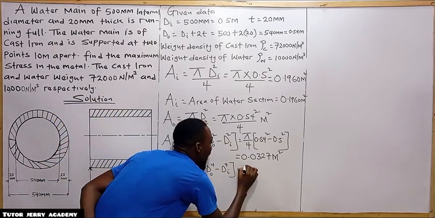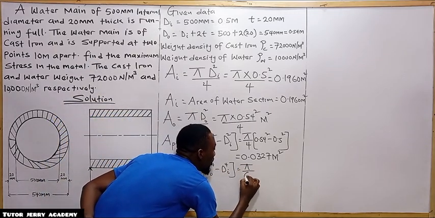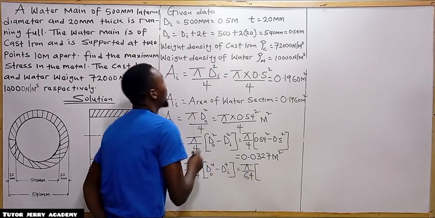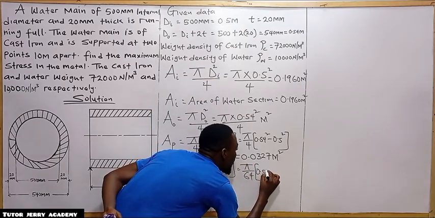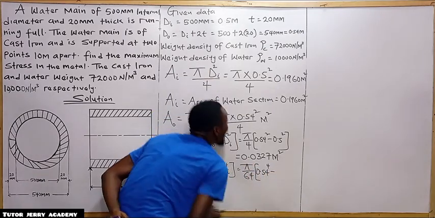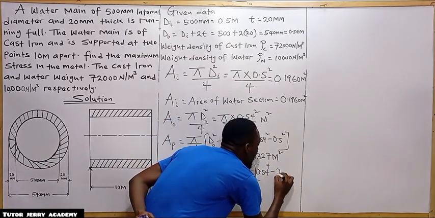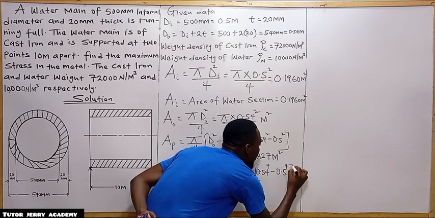So this is going to be pi over 64 into, so d naught is 0.54 to the power 4 minus 0.5 to the power of 4.